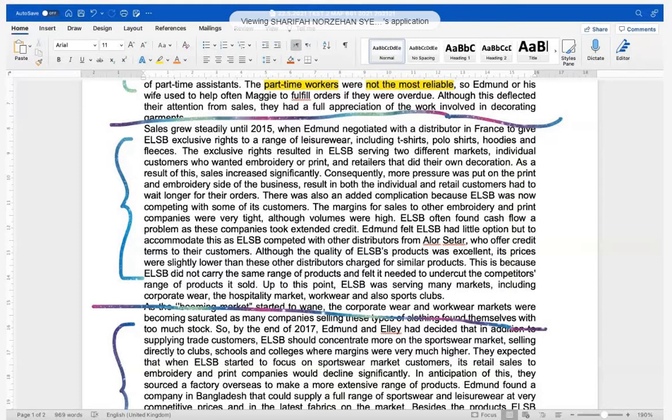Remember, these are the two types of customers that they have.